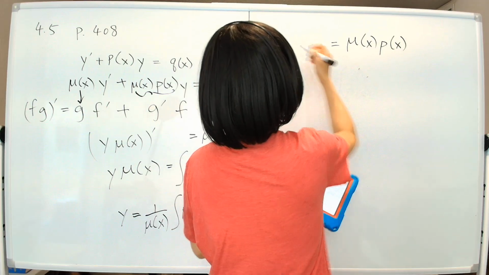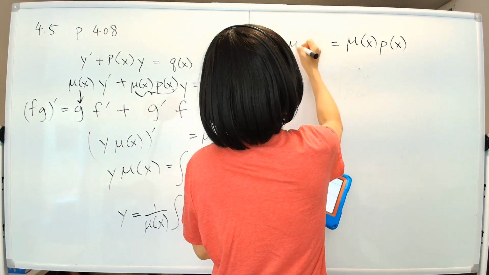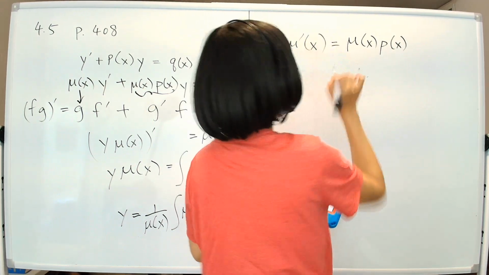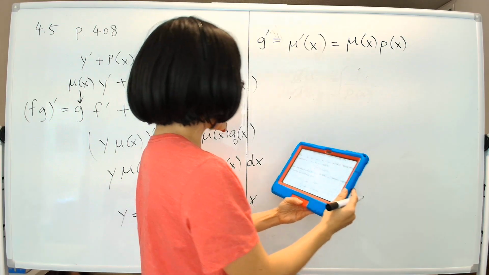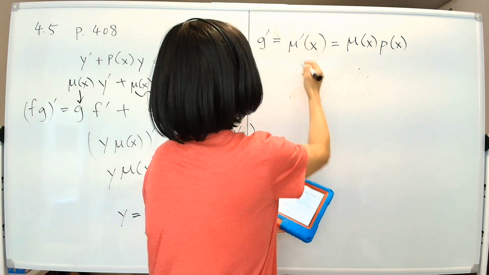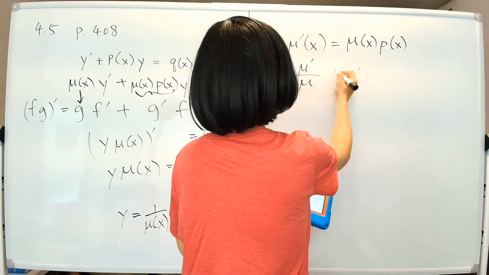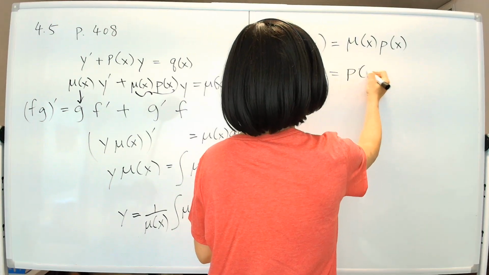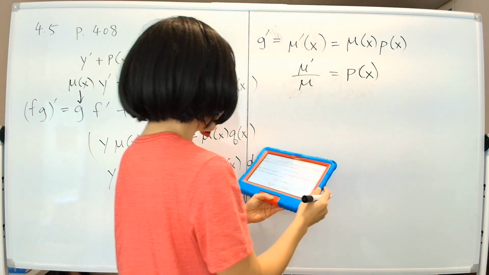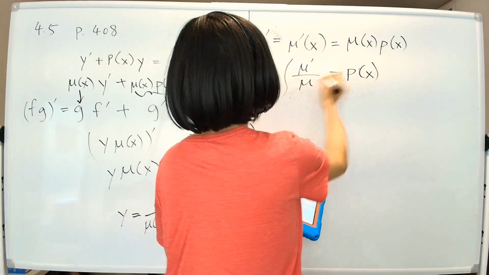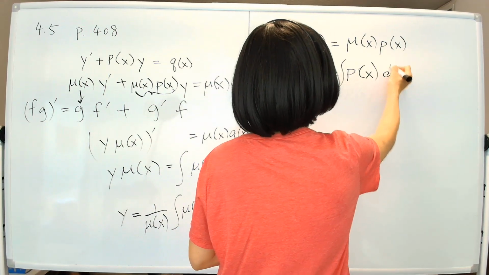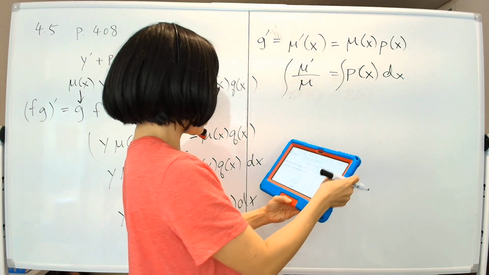So we have mu prime of x equals mu of x p of x. In that case, we just have mu prime over mu equals p of x, and then we integrate this thing, we integrate this dx. I guess that's similar to what I wrote before, but whatever.